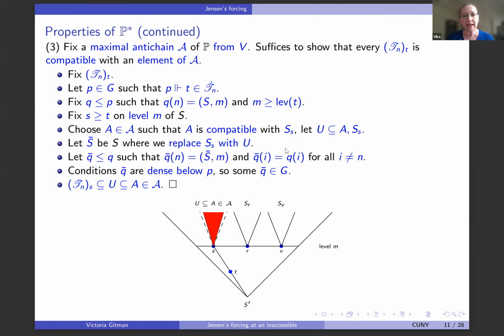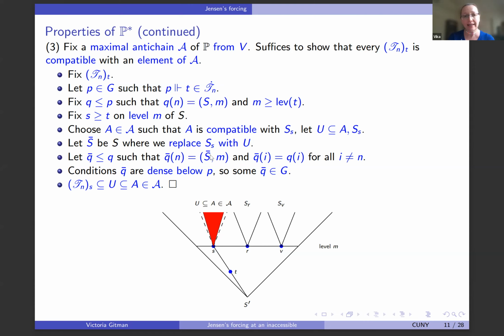And so the tree p restricted to this node s, because script A is a maximal anti-chain, is compatible with some element A in the anti-chain script A. So I can pick a tree U below both of them, and I'm going to thin out to U. What that is going to ensure is that if a condition of this kind ends up in the generic, then the generic tree restricted to this node will be below an element of my anti-chain, because it has to, of course, be a thinning out of little s.